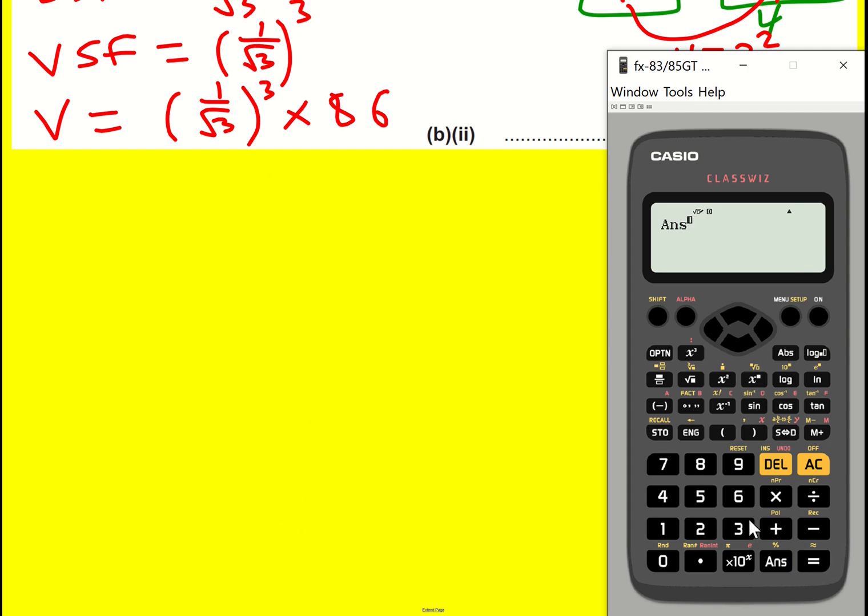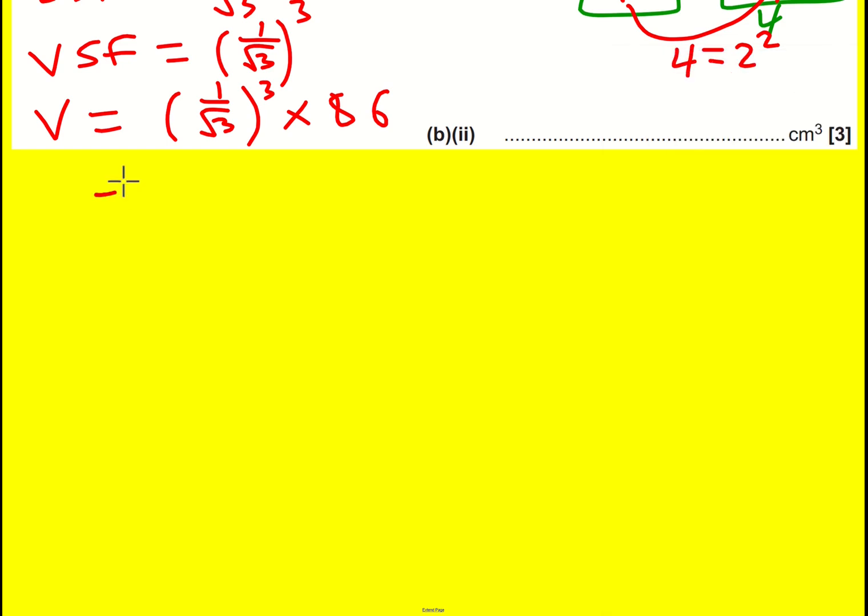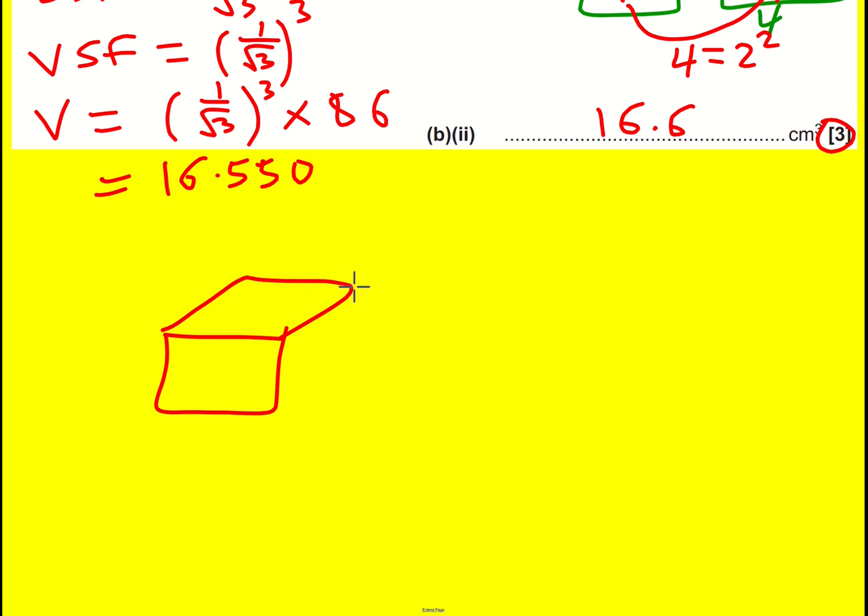I'm then going to cube it to give me the volume scale factor, and I'm going to multiply that by 86. It's going to become smaller. It's 16.550, which I think I'll round to 16.6.